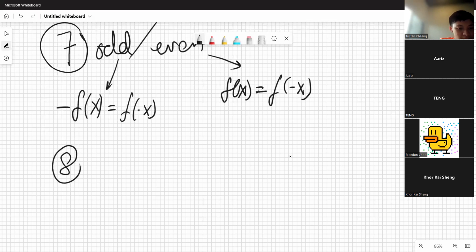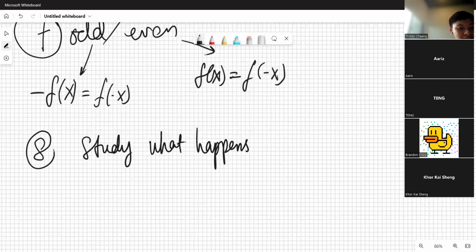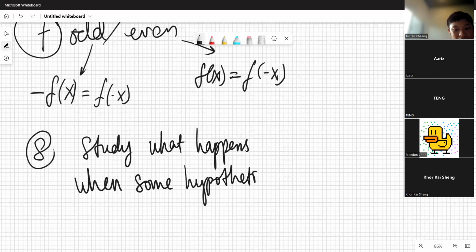is something that can be very easily forgotten. So you want to study what happens when some hypothetical scenario is true.